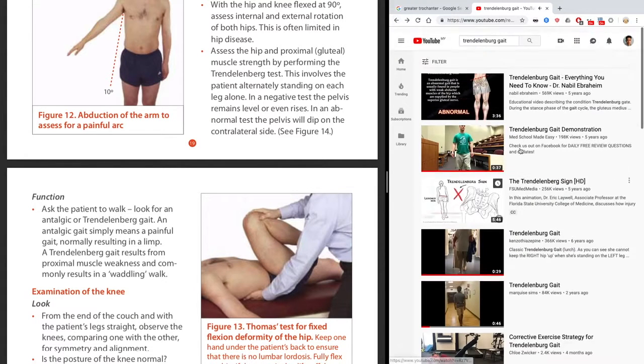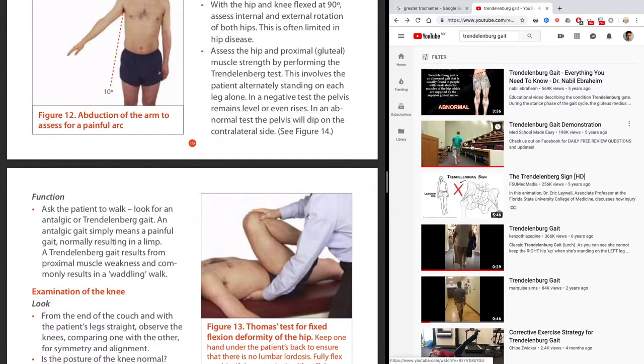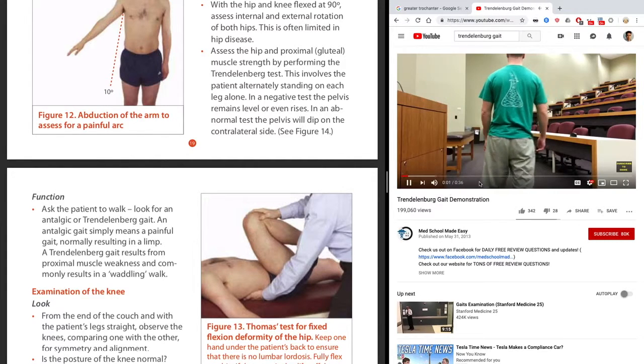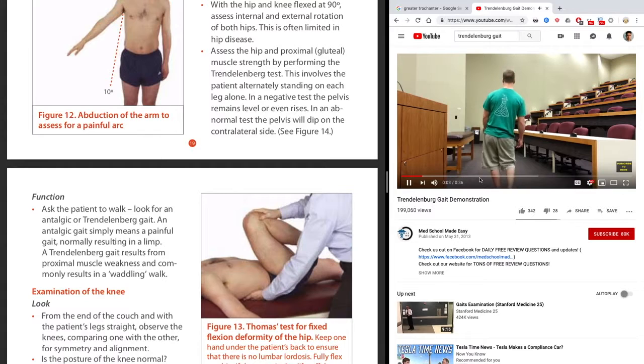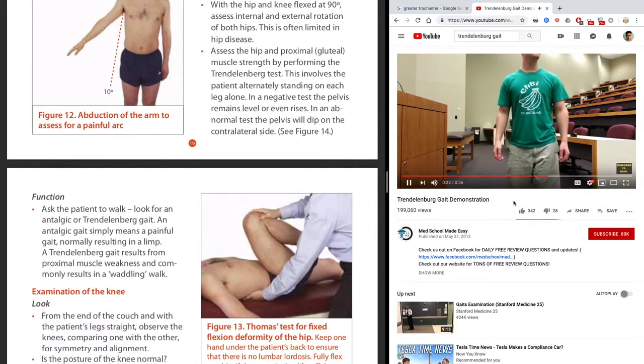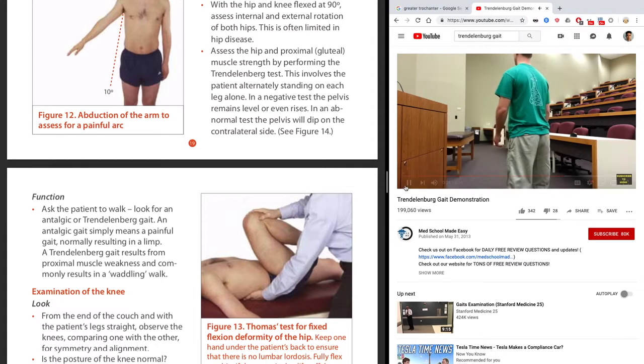Let's see if there's another video. This guy. So there's a problem with the abductors. That's Trendelenburg's gait.